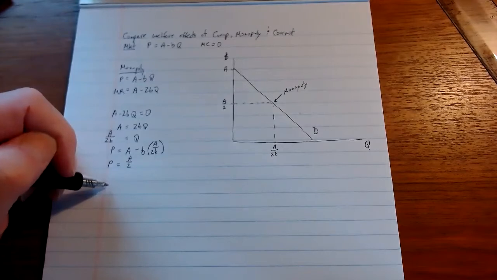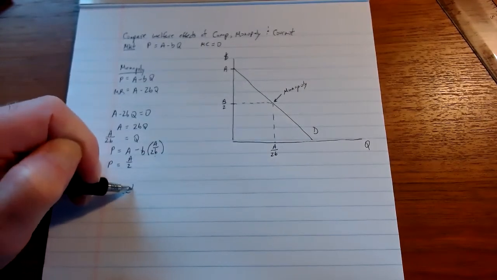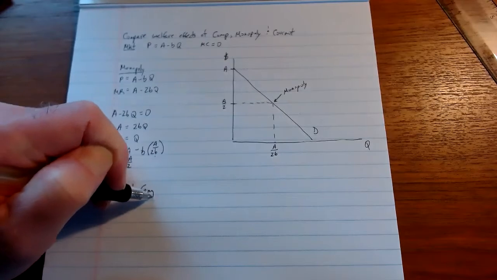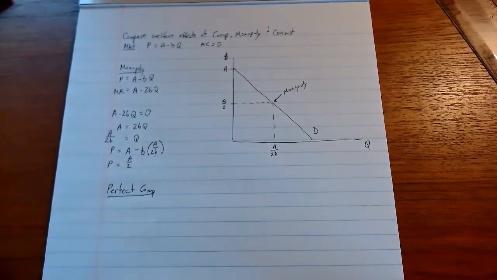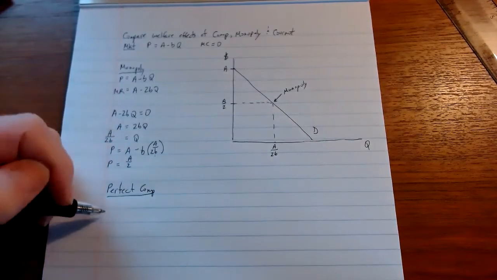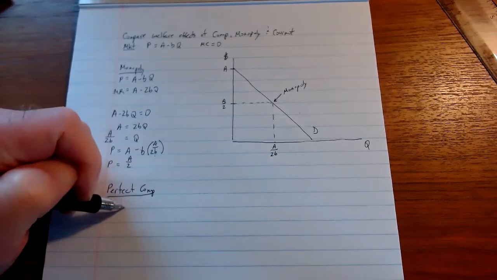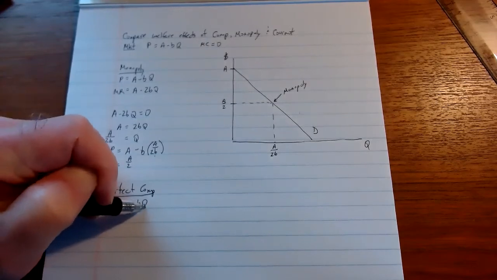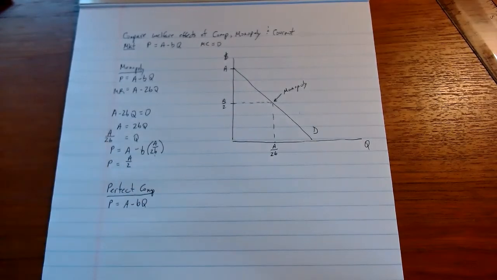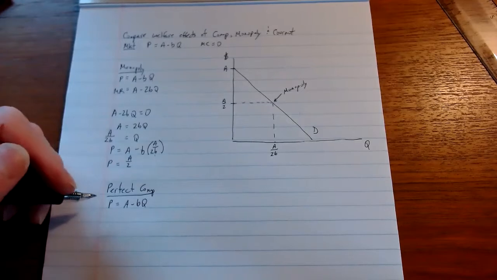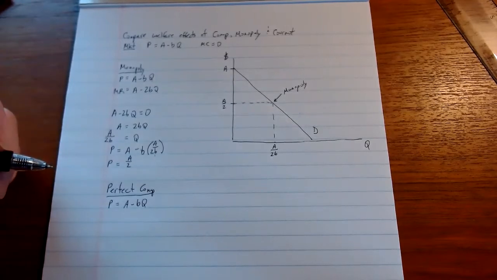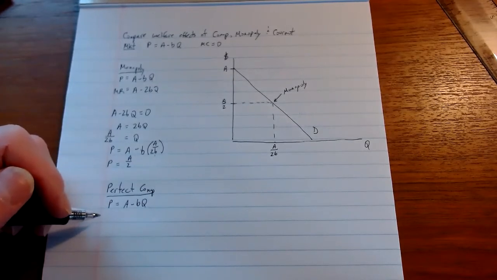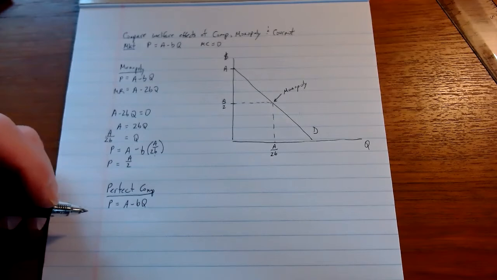Now suppose this market was perfectly competitive. Price is equal to A minus BQ. That's the market demand. And we know that in perfect competition, the price is equal to marginal cost.